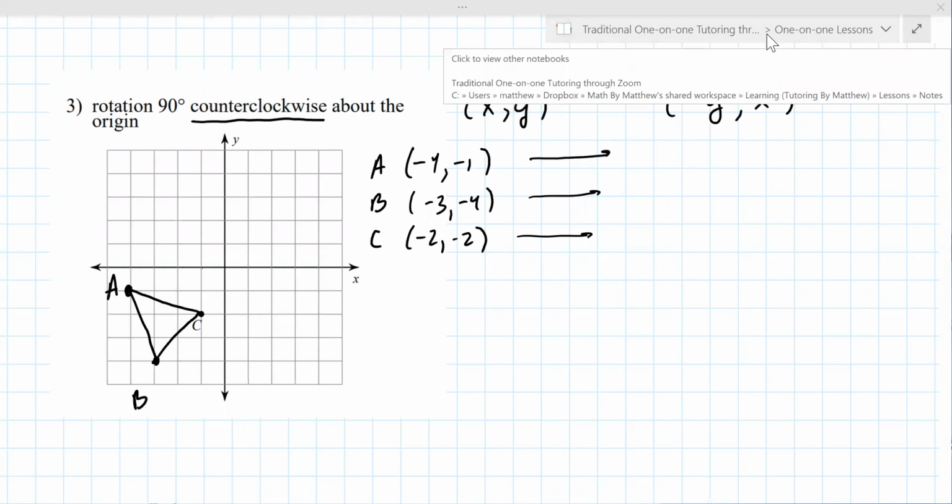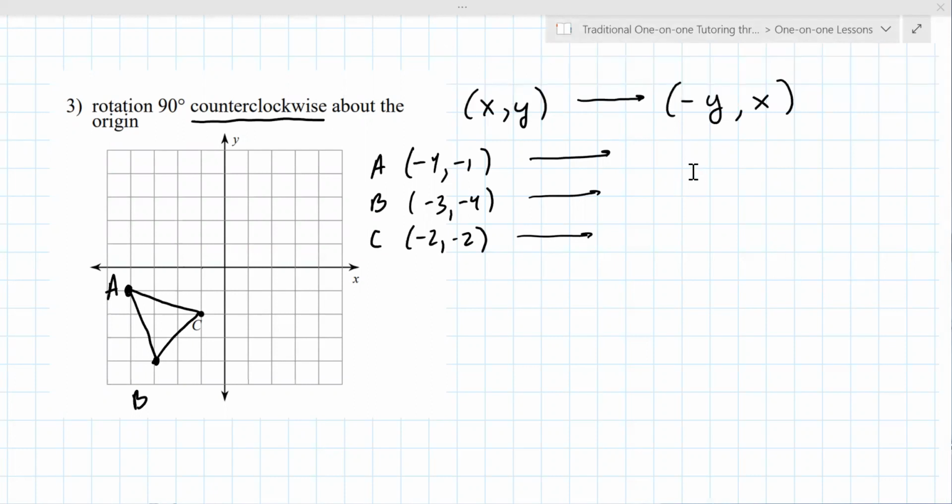I would do them sequentially, like either negate all the y's and then move the x's. And then you graph the new image with that.